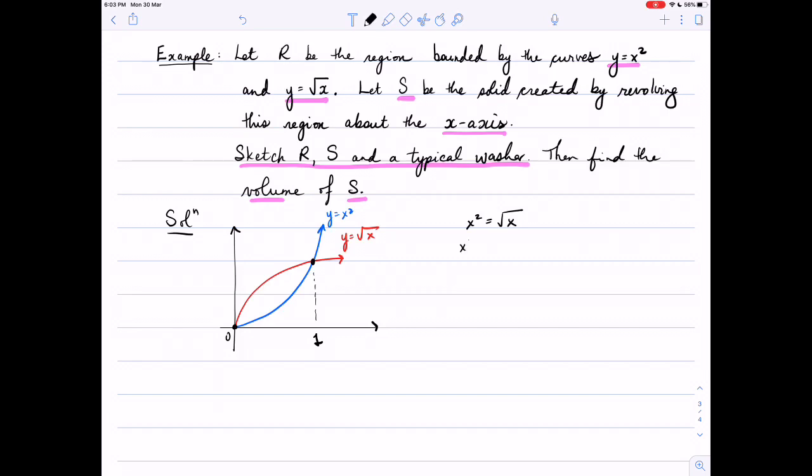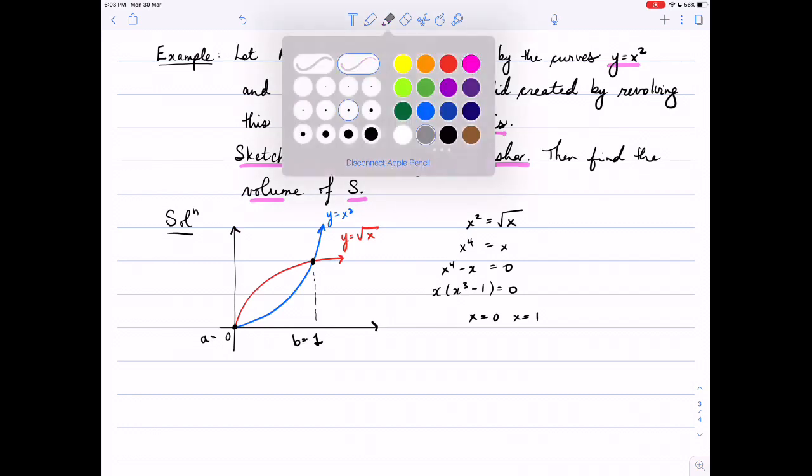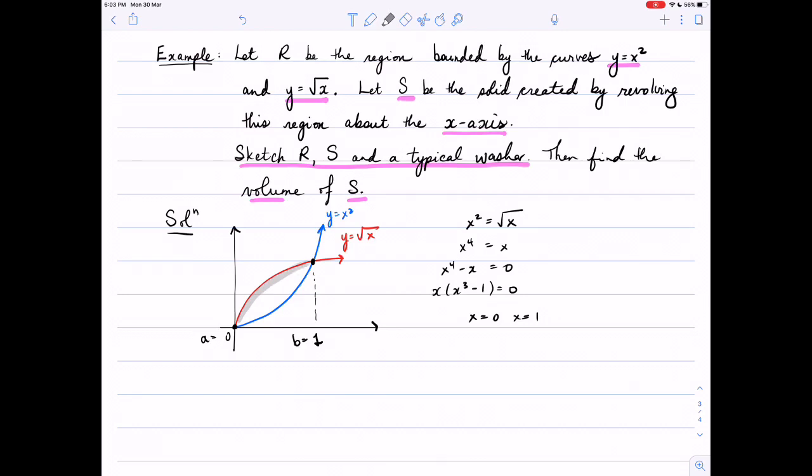And if we did that, we'd square both sides and bring the x over, factor out, and we would see that there are indeed two solutions. x is 0 and x is 1. So there is my a value and there is my b value, and the region R that we're looking for is this region in between the two curves. Okay, so there's our region R.